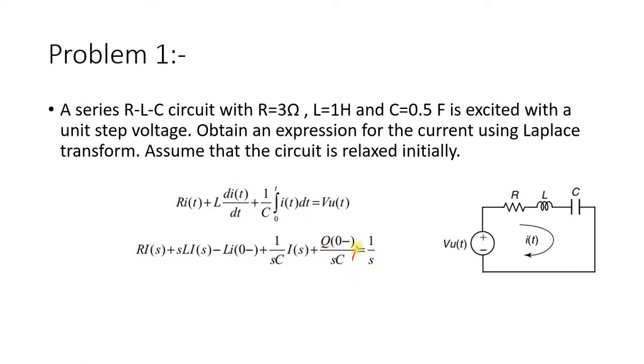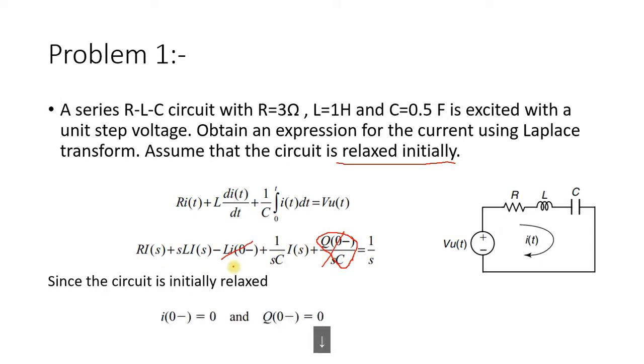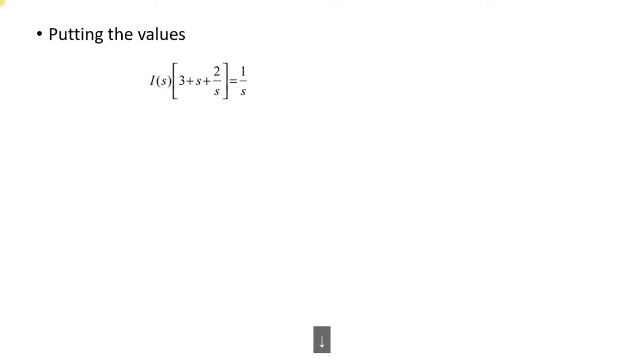This q naught divided by C is nothing but the initial voltage across the capacitor. But in the problem they state that the circuit is initially relaxed, so the initial values are taken as 0.